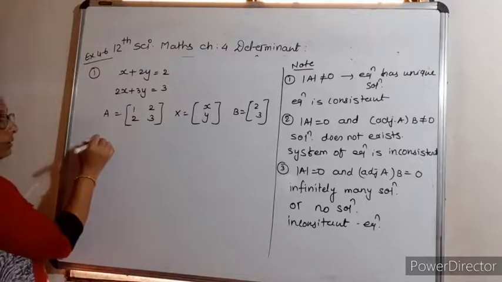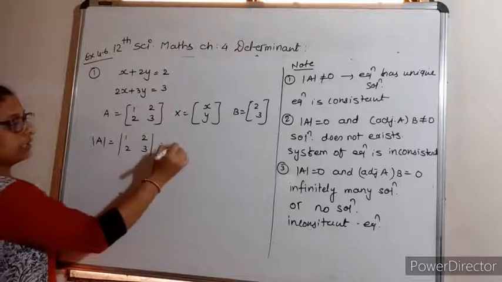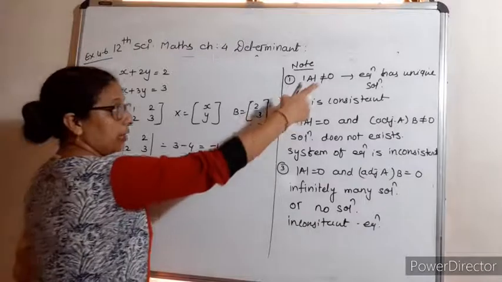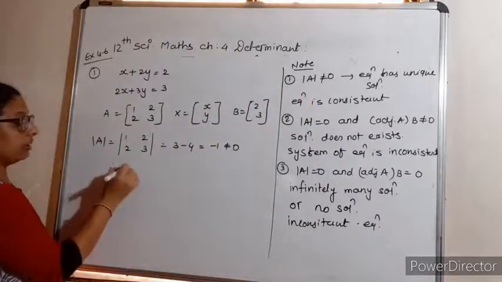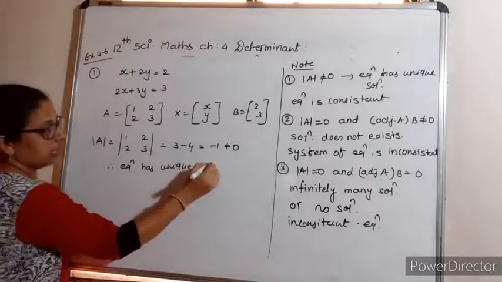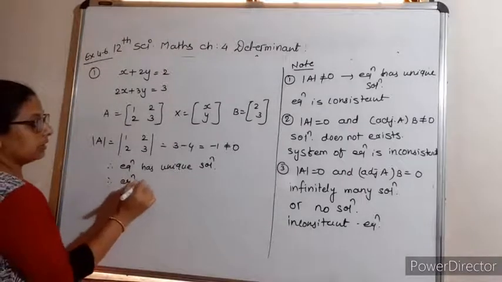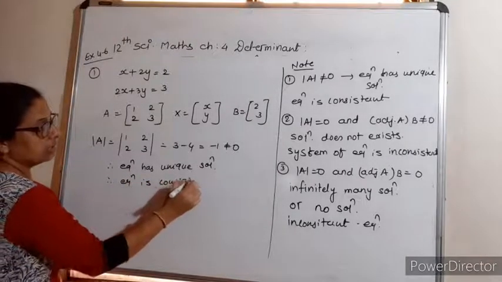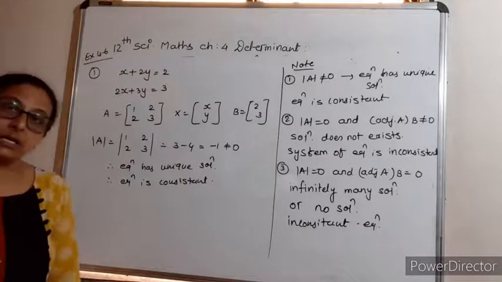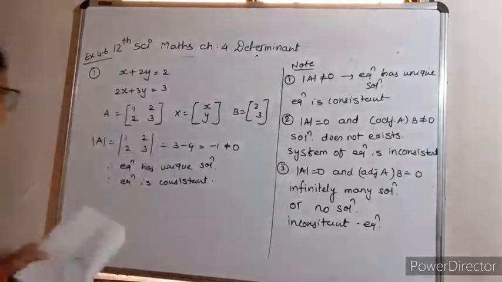Now determinant of 1, 2, 2, 3: 3 minus 4, minus 1, not equal to 0. Therefore, the equation has a unique solution. So the equation is a consistent pair of equations. We know that if there is a unique solution, consistency is there. Then, second is given: 2x minus y.